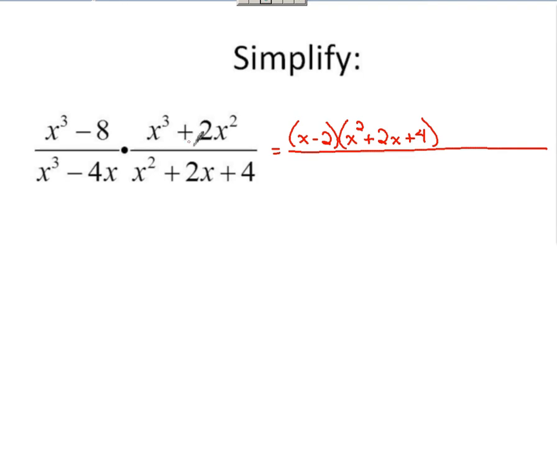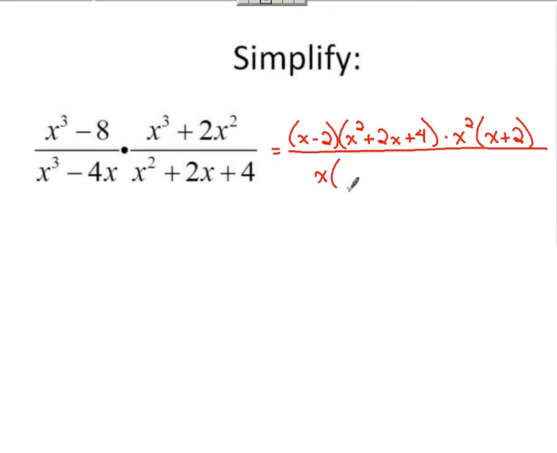Moving on to the x cubed plus 2x squared. If I factor out the greatest common factor there, x squared pops out. As far as what's left, we've got x plus 2. In the denominator, we start with the x cubed minus 4x. The greatest common factor would be x that I take out.